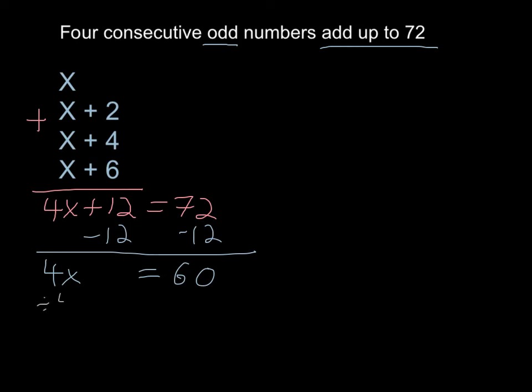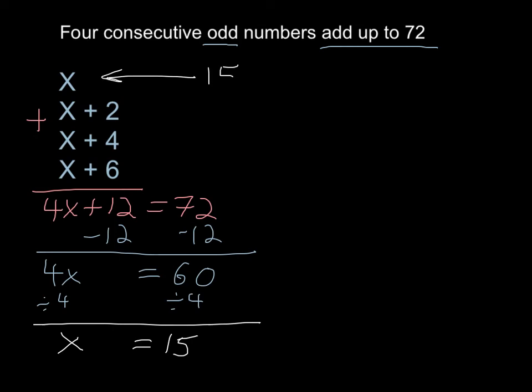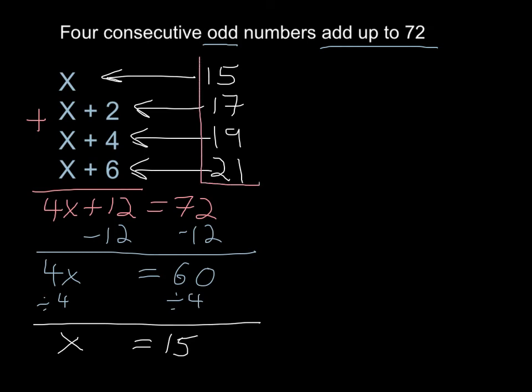I'll divide both sides by 4, and I end up with x equals 15. Once again, that just tells me the first number. This is 15. x plus 2 is 17. x plus 4, 19. x plus 6 is 21. So these are my 4 consecutive odd numbers that add up to 72.